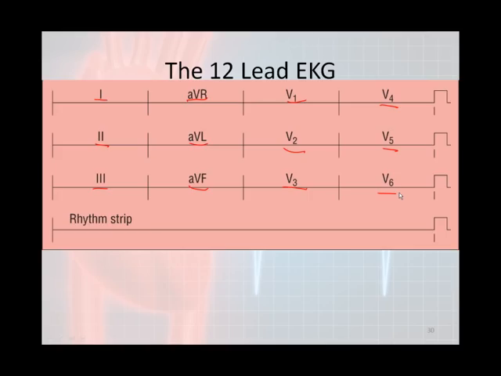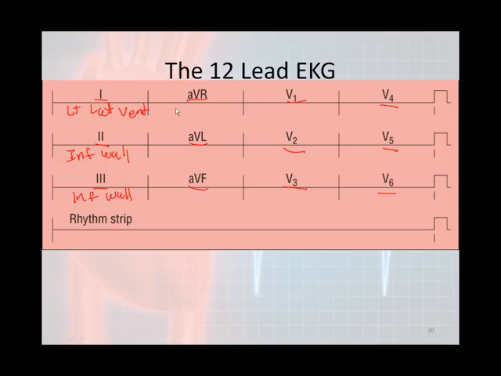So if you remember back on the picture when I was showing you what we were looking at, lead 1 looks at the left lateral ventricle. Lead 2 looks at the inferior wall. Lead 3 looks at the inferior wall.